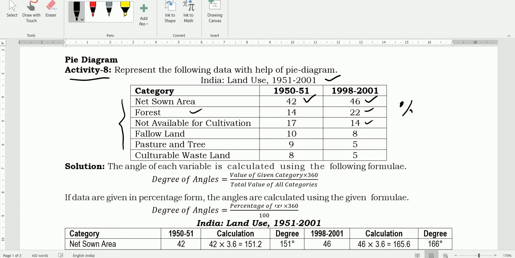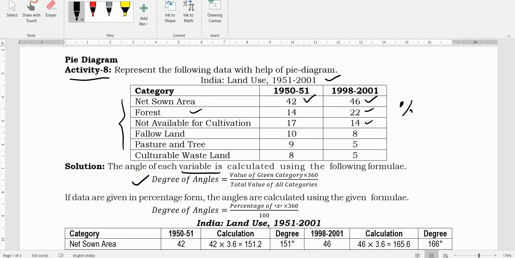For drawing, we need to calculate these angles. The angle of each variable is calculated using the following formula. We have two formulas here.